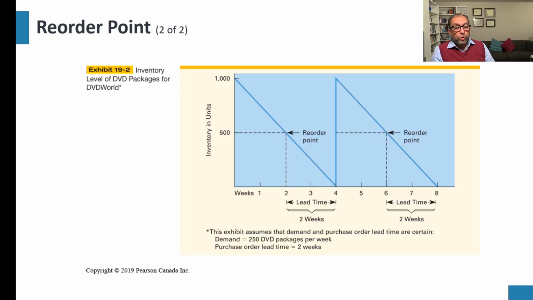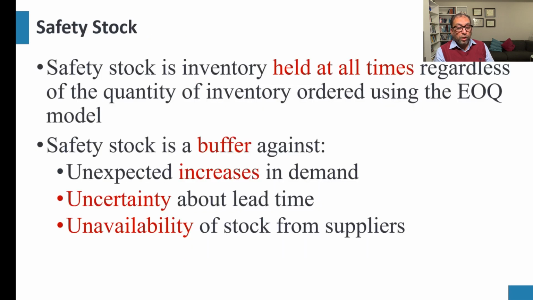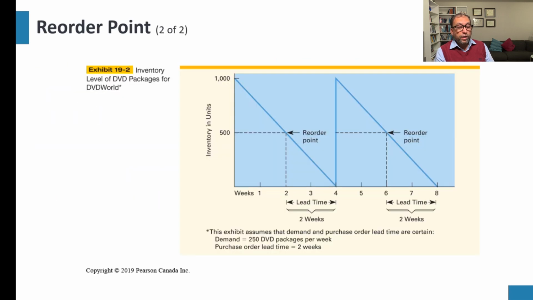So demand is 250 DVD packages per week. The purchase order lead time is 2 weeks. So 2 weeks times 250, we get 500. So we figure out that we have to keep the inventory at 500 units.